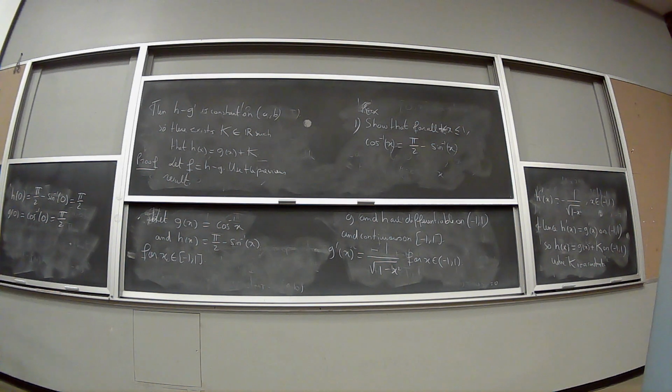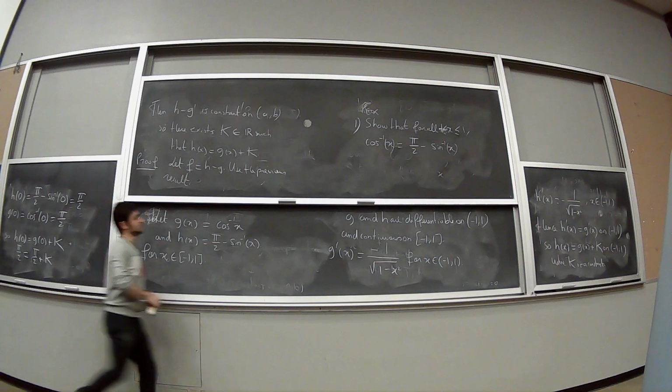Well, plug in x equal pi over 2. What do you get there? So I plug in, h of 0 is equal to g of 0 plus k. Now, what is h of 0? H of 0 is pi over 2. And g of 0 is pi over 2 plus k.